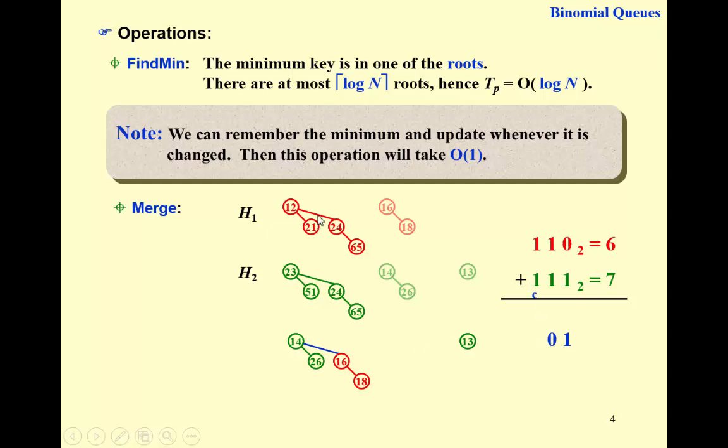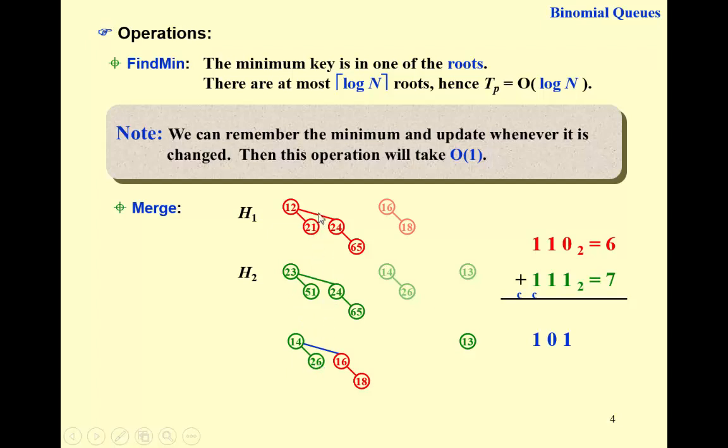Okay, and at the next position we have 1 plus 1 plus another 1. So what do we get? We get 1 plus something else, just carry it over to the next position, right? Okay, so here we have several options.